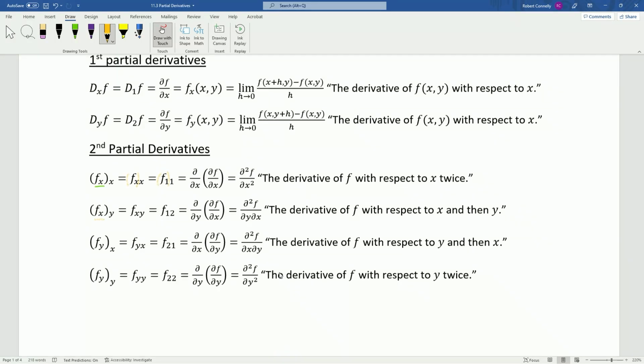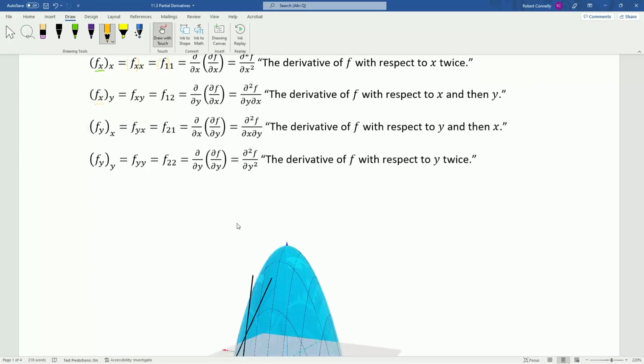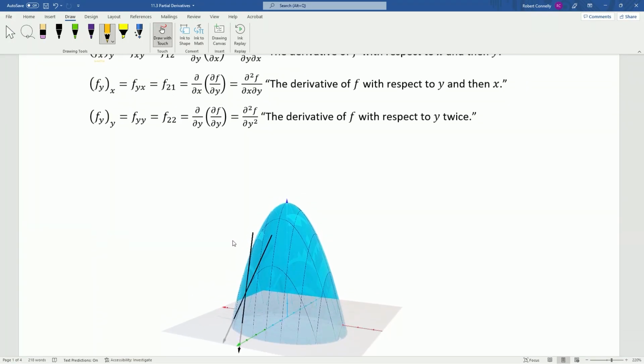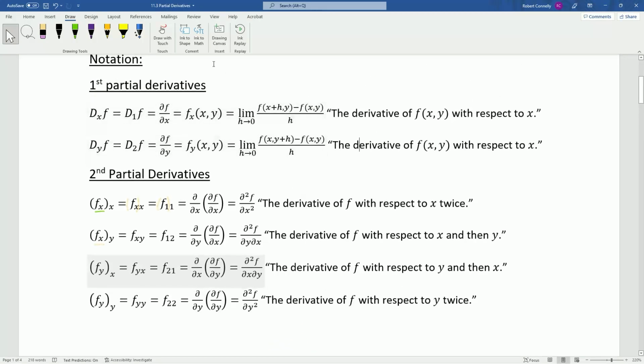Okay, so now that we've gotten some notation out of the way, let's try to look at these things and see what they are. Intuitively, because they're derivatives and we've worked with derivatives for a long time, you should be thinking these are describing the direction of the output of f with respect to a variable, especially the first partial derivatives, we should say.